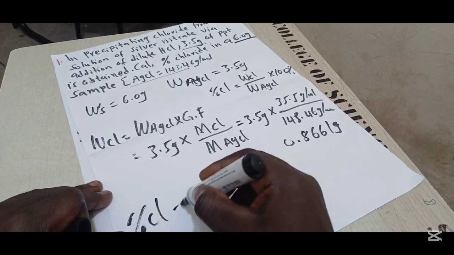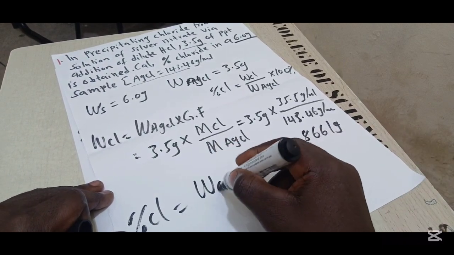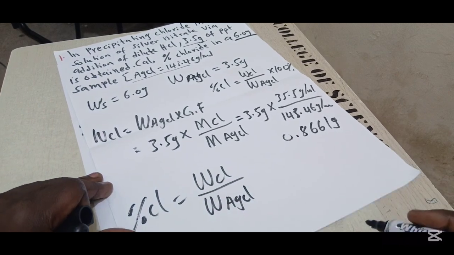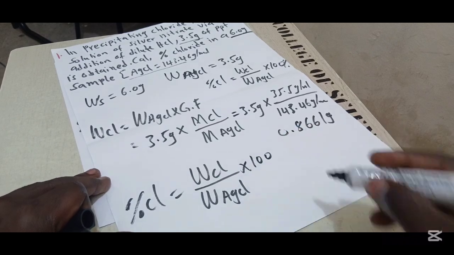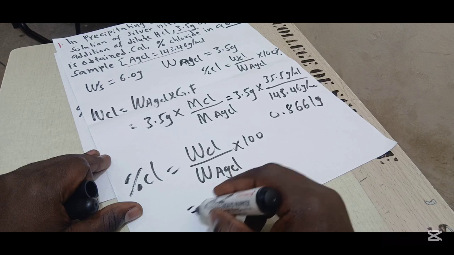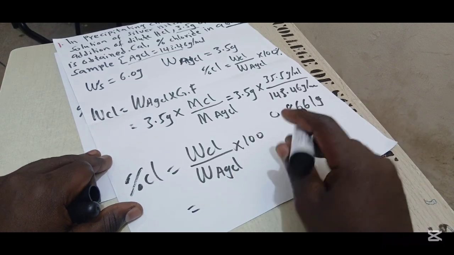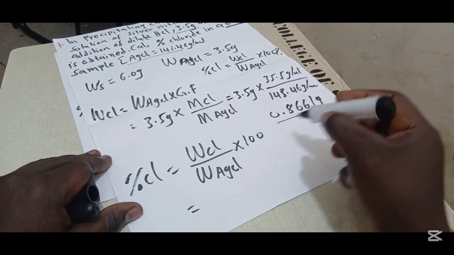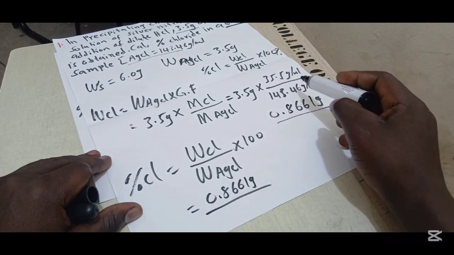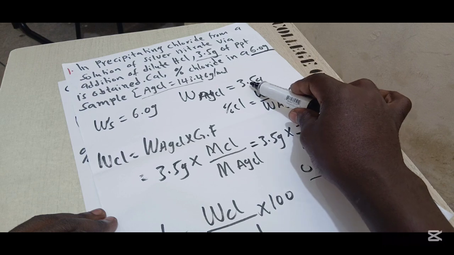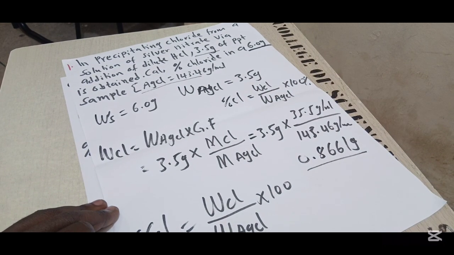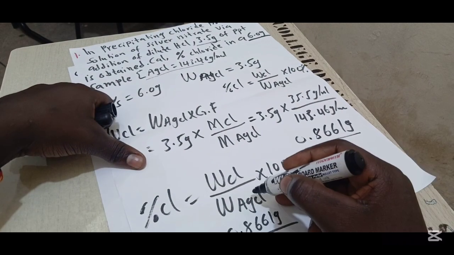So percentage chloride is going to give us mass of chloride over mass of our precipitate multiplied by 100. This is going to give us the mass of chloride that we calculated to be 0.8661 grams, all over the mass of our precipitate, which was given to us as 3. No, it shouldn't be the mass of our precipitate here.